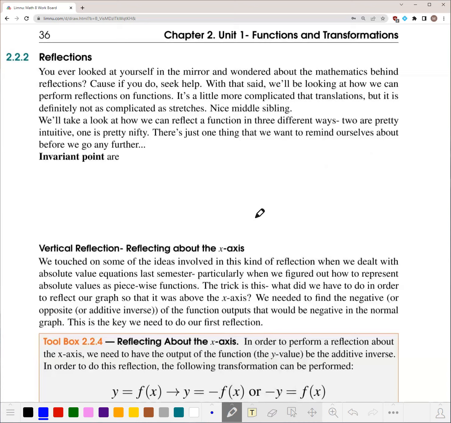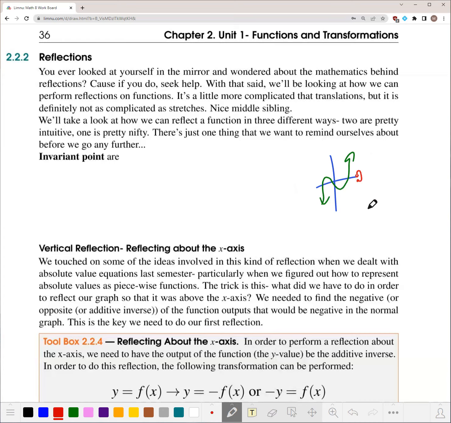When we reflect about an axis, let's say we've got a graph of something like this. We'll see pretty much this graph in examples. We're going to have reflections about our x-axis, which will be turning it up and down.